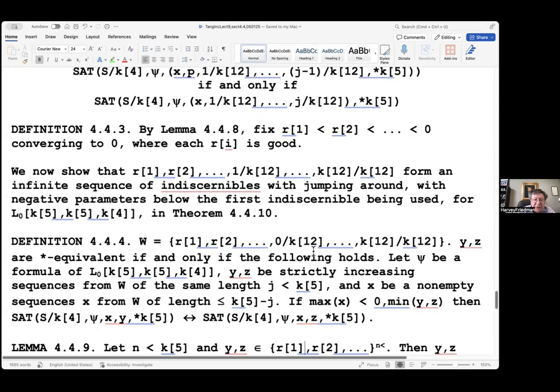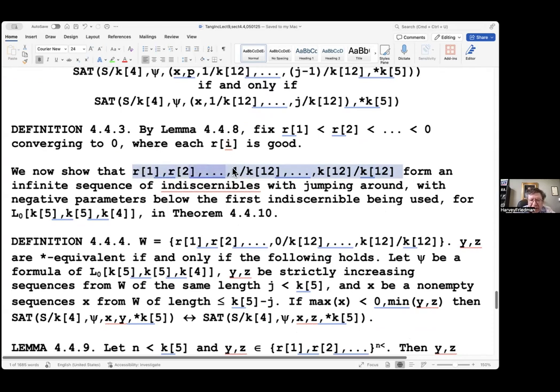The next step is to show that all the R's together with the old indiscernibles, it doesn't make a difference if I put 0 in here or don't. I think it's uniform, so to keep it uniform, just keep 0 out.